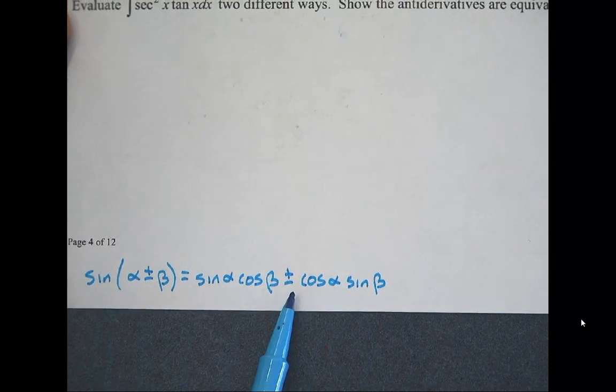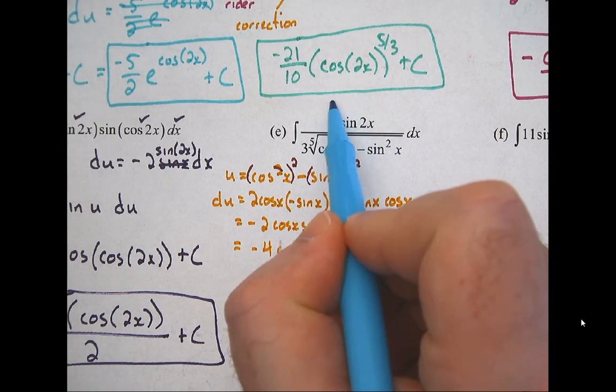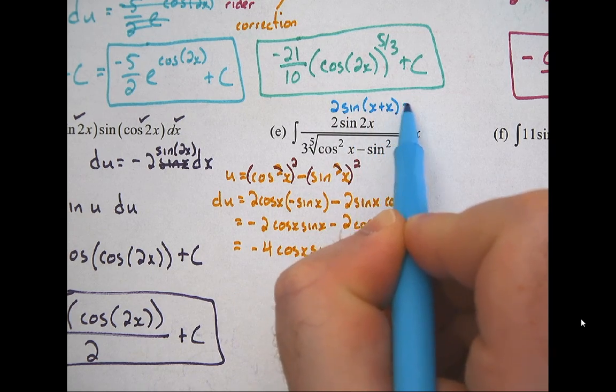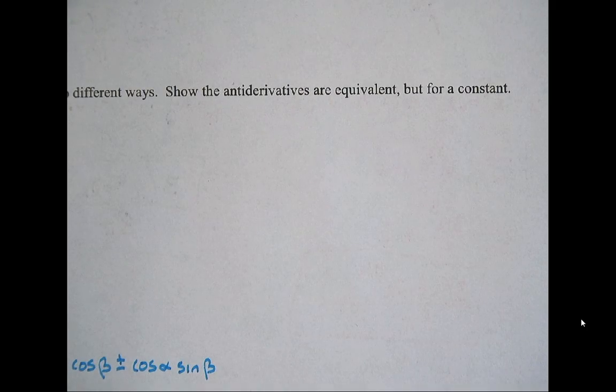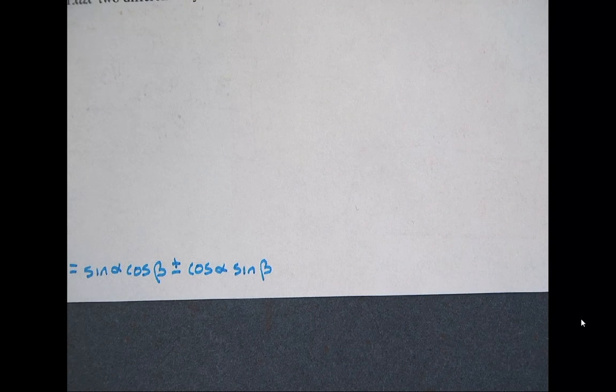So for this problem, if I replace alpha and beta, if I think of this as 2 sine of x plus x, so then alpha is x and beta is x, which means x and x would be here, x and x would be here. And this is a sum, right? Yeah, so this is a sum. Let's try to clean that up.